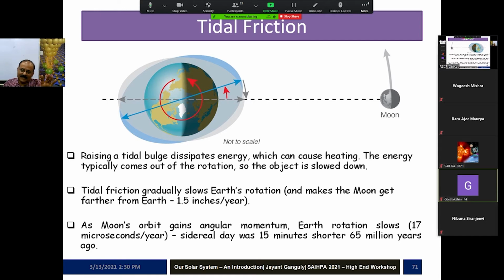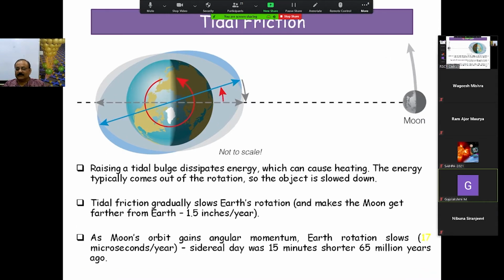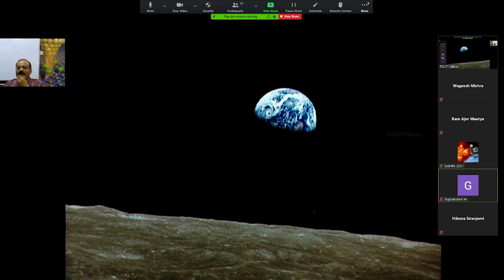And as I was telling, with this drag, energy dissipates, and it also causes heating. So as I was telling, due to this energy dissipation, the Earth loses energy and the distance between Earth and Moon increases, as we have seen.